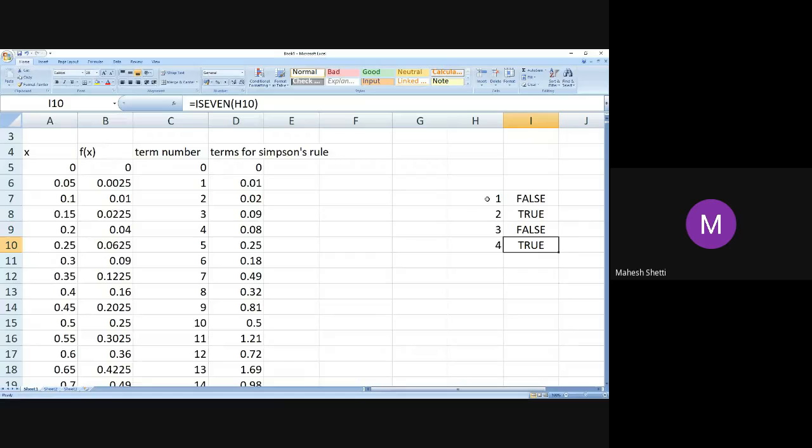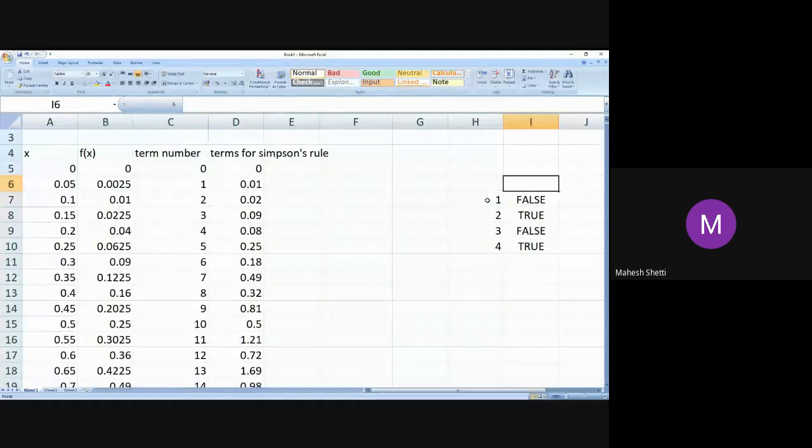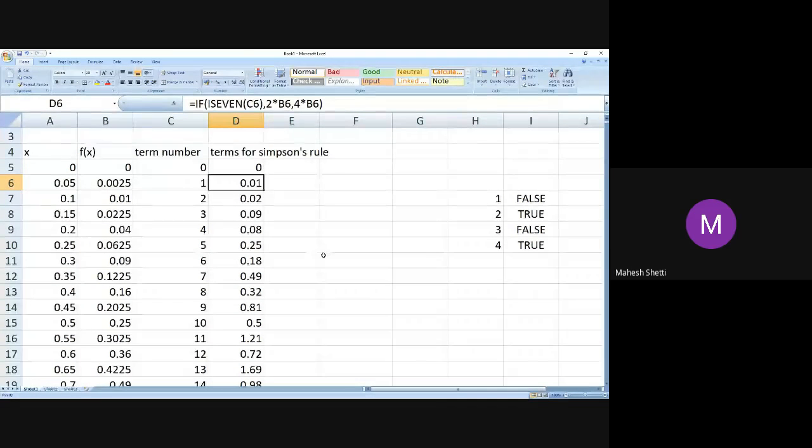Is 4 even? ISEVEN of H10, which means 4, is true. So the output of the ISEVEN function is true or false, and I'm using that here to check whether the term is odd or even. If it is even, I want to multiply with 2. If it is odd, I want to multiply with 4.